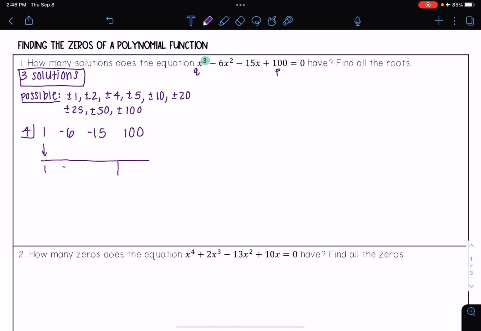Now we'll try 4. 1 times 4, I get 4. -6 plus 4, I get -2. -8. -23. This one's really close. I get -96, but not quite there. So now we'll try -4. And I see that -4 gets me my answer.